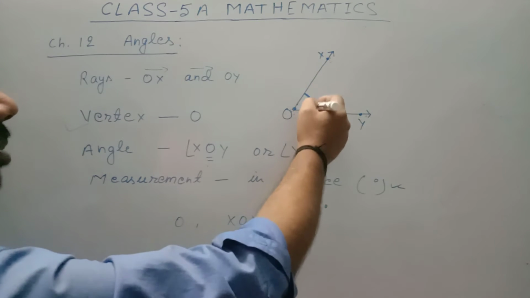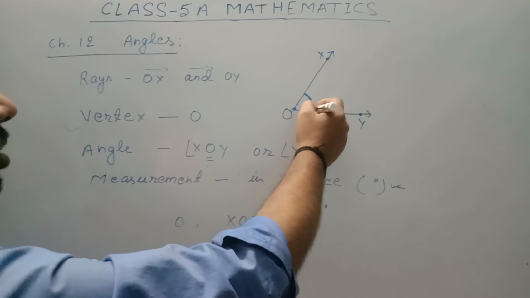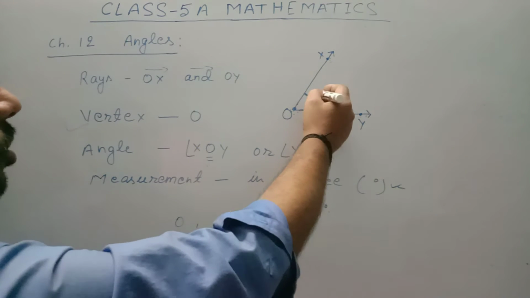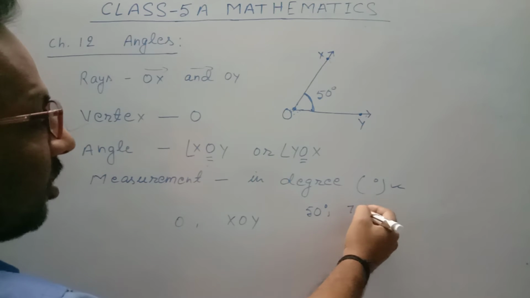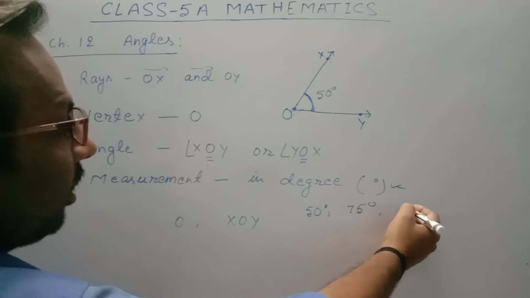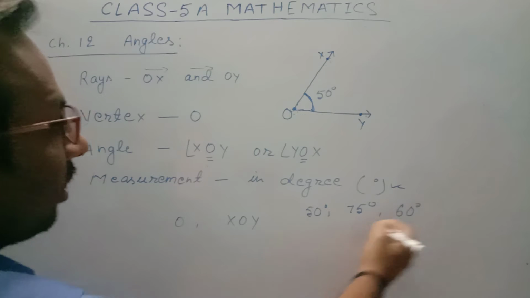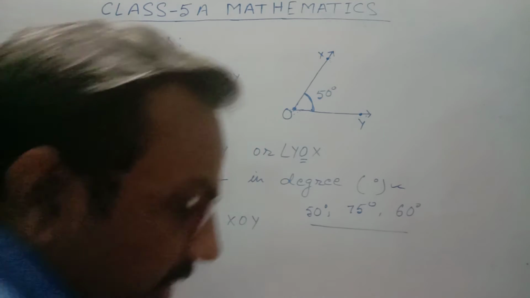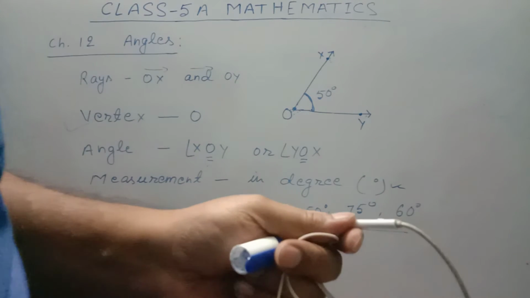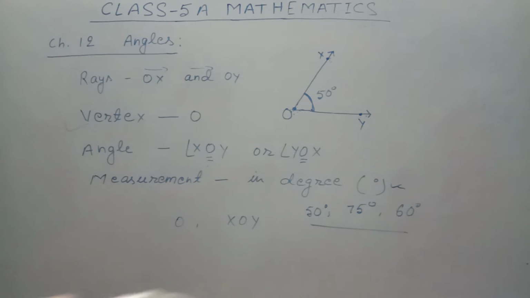This angle is measured by the protractor, and it is measured in degrees. We can say this is 50 degrees, or other examples such as 75 degrees and 60 degrees. Now the device that is used to measure angles is called a protractor.